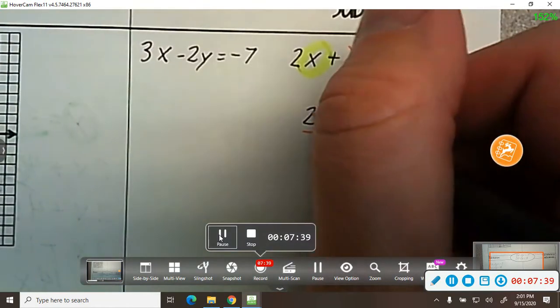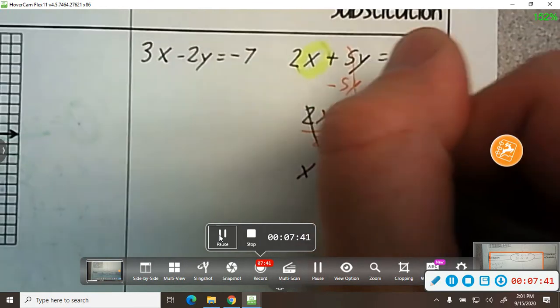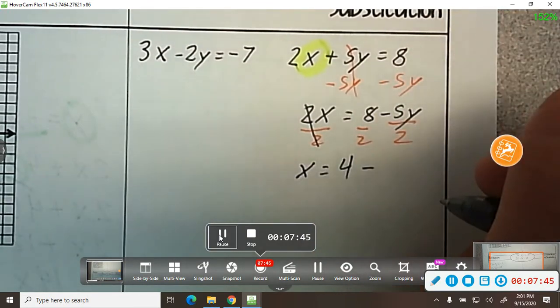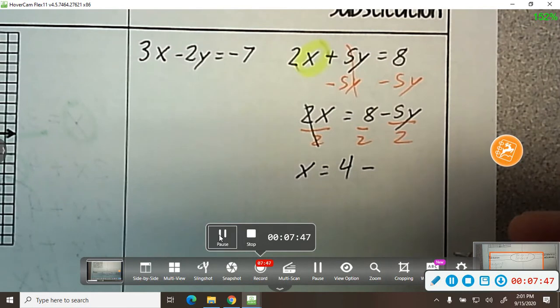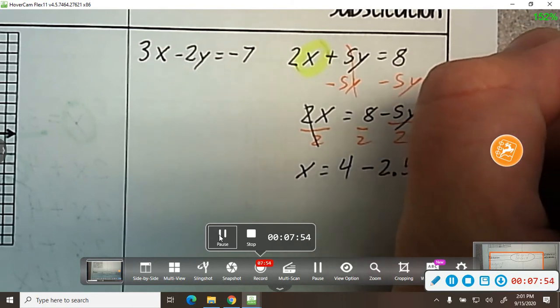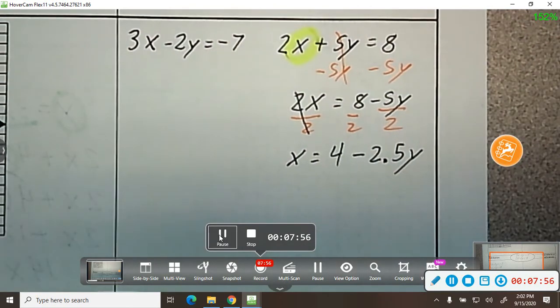And I get x is 4 minus 5/2 y, which I could write down as a decimal if I want. That's 2.5. And I'm going to change that to a decimal because I know some kids are scared of fractions.